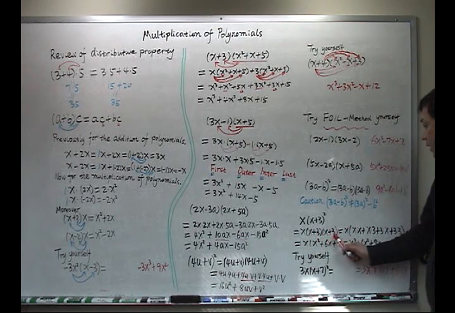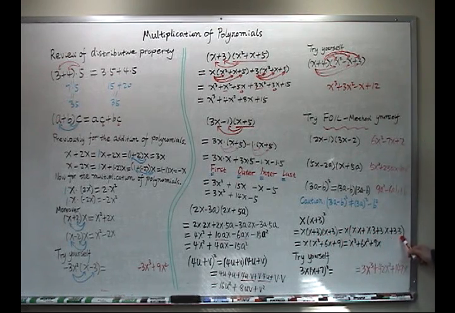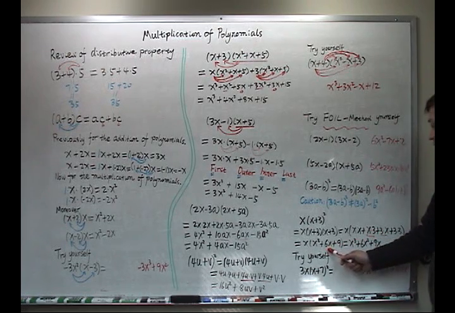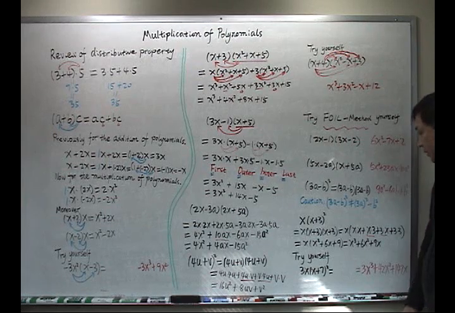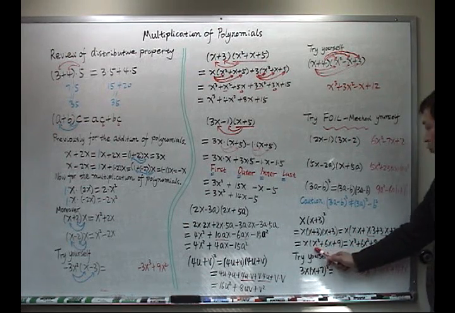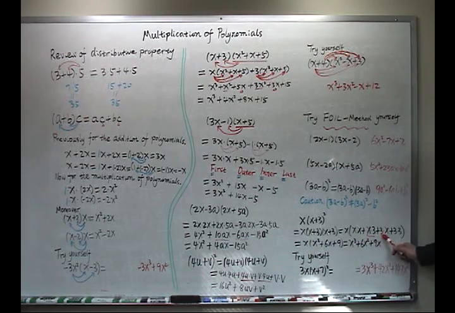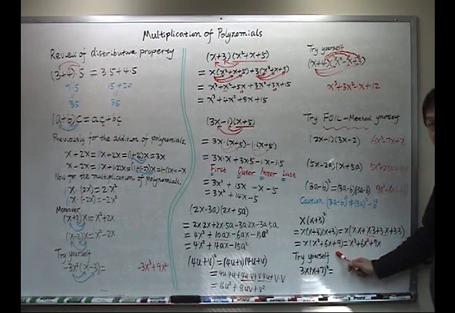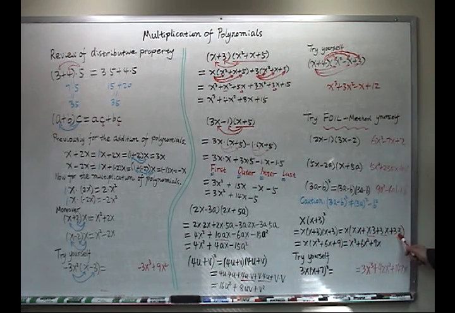And then the last product is 3 times 3, which gives us 9. Again, right here, x times 3 and 3 times x are the same thing, so 3x plus 3x gives us 6x right here. So we have x squared, 6x, and 3 times 3 is 9.